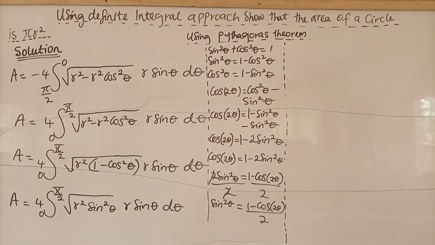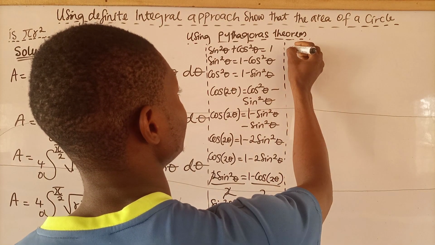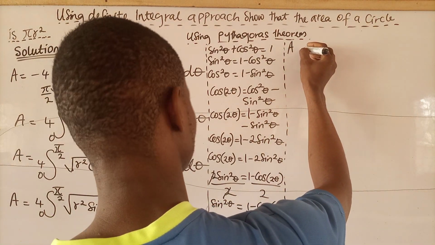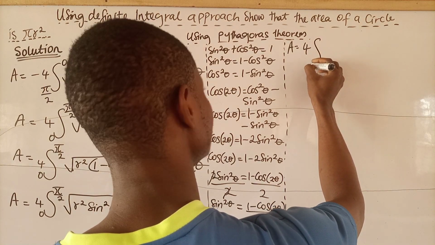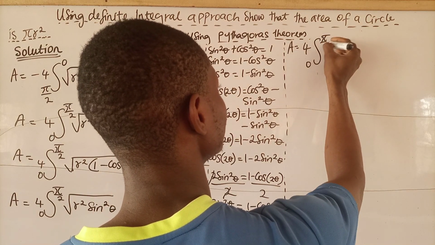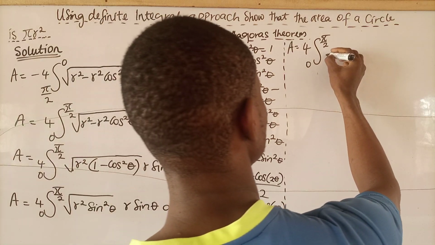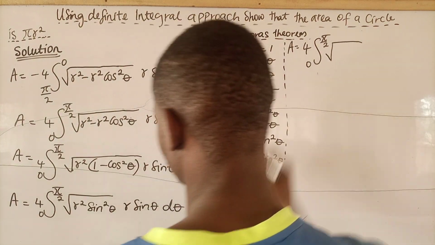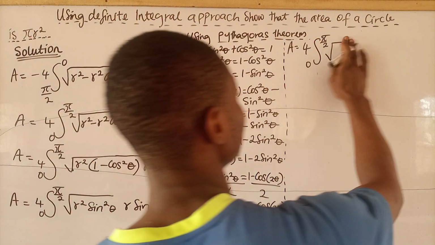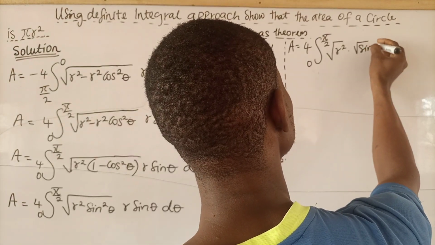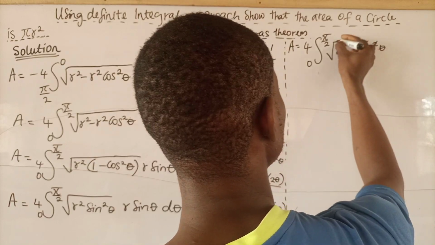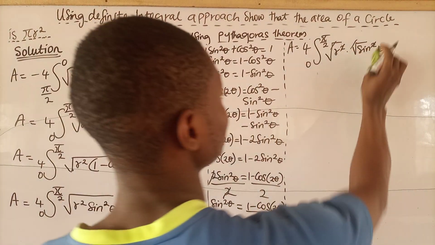So we are going to have that our area is equal to the integral from 0 to pi over 2 of the square root of, remember that this can be written as square root of r times square root of sin squared theta, so that this one will cancel.